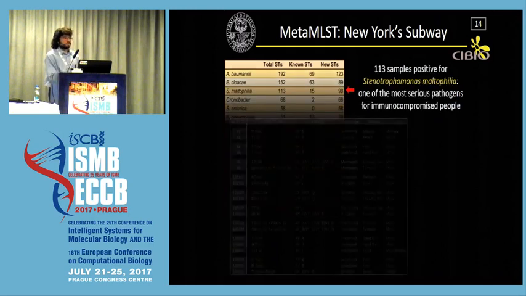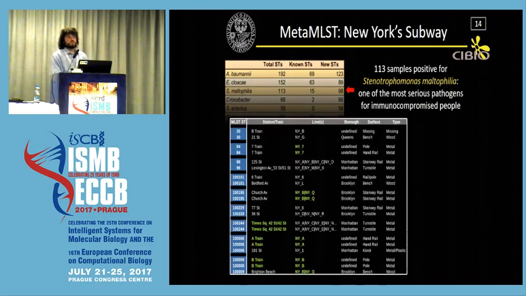And taking a closer look at Stenotrophomonas maltophilia, which is one of the most dangerous opportunistic pathogens if you're immunocompromised, we could see that both new and known strains were detectable, not in one case, but in multiple cases, sometimes on the same train, sometimes in the same station.